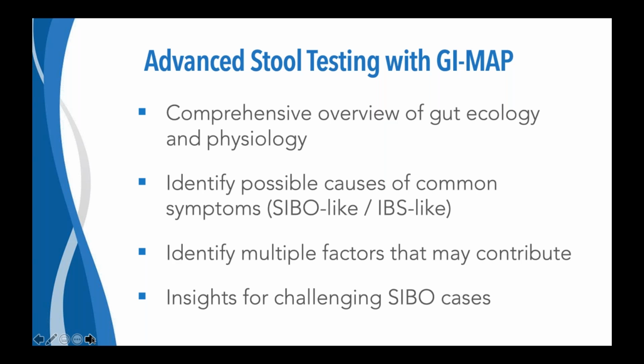And in particular, if SIBO does really appear to be the case, and if a SIBO breath test does confirm that, but then patients are not responsive to the treatment, a comprehensive stool test can be a great way to help you understand what other things may be going on with that patient, other factors that you may want to consider addressing.